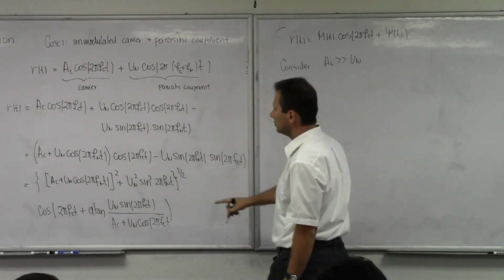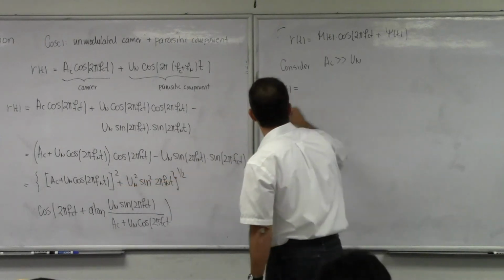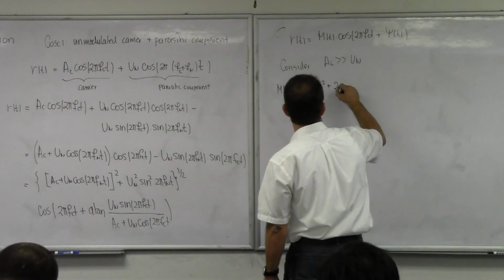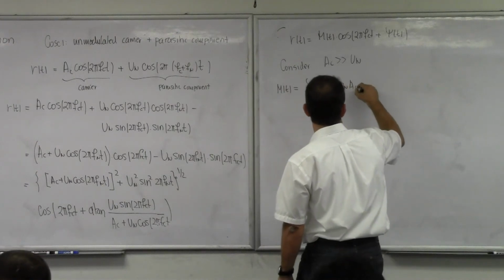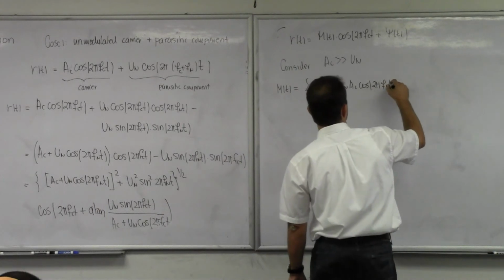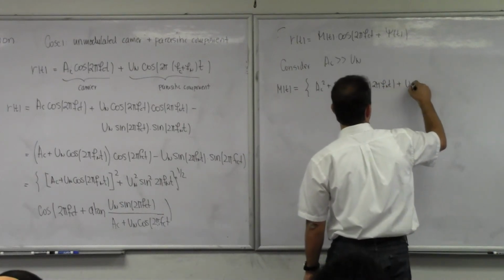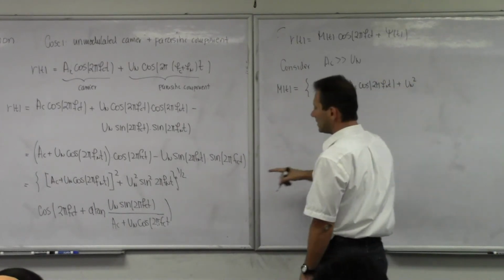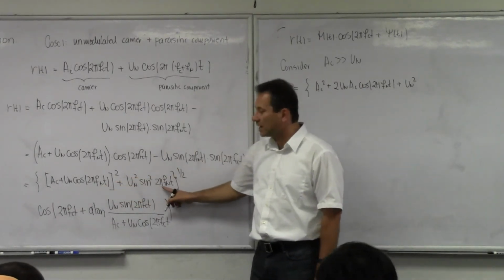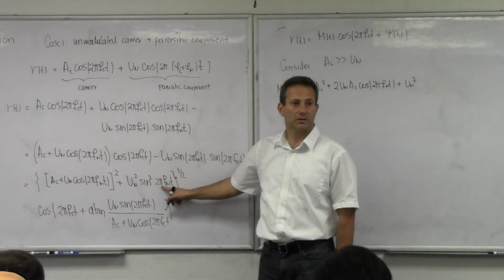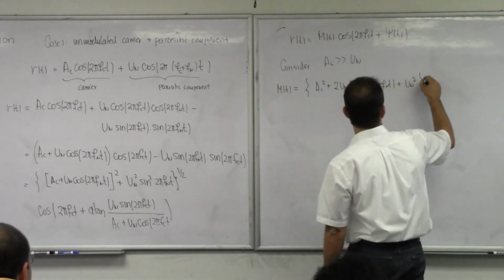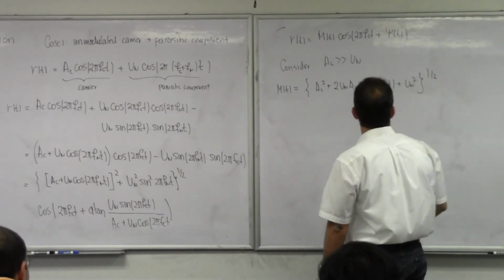If that's the case, your m(t), which is equal to, I can just get it from here, AC squared plus 2 UN AC cosine 2 pi Fn t plus UN squared, cosine squared from here and sine squared from here gives you 1. So this is UN squared, take a half.